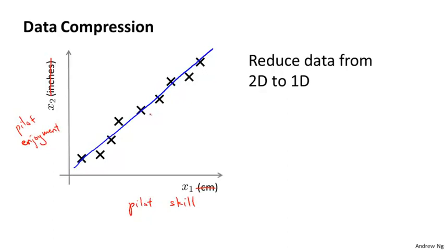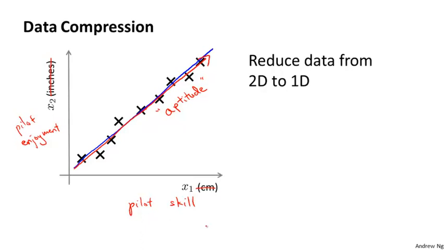And what you really care about might be this direction, a different feature that really measures pilot aptitude. And I'm making up the name aptitude, of course, but again, if you have highly correlated features, maybe you really want to reduce the dimension.